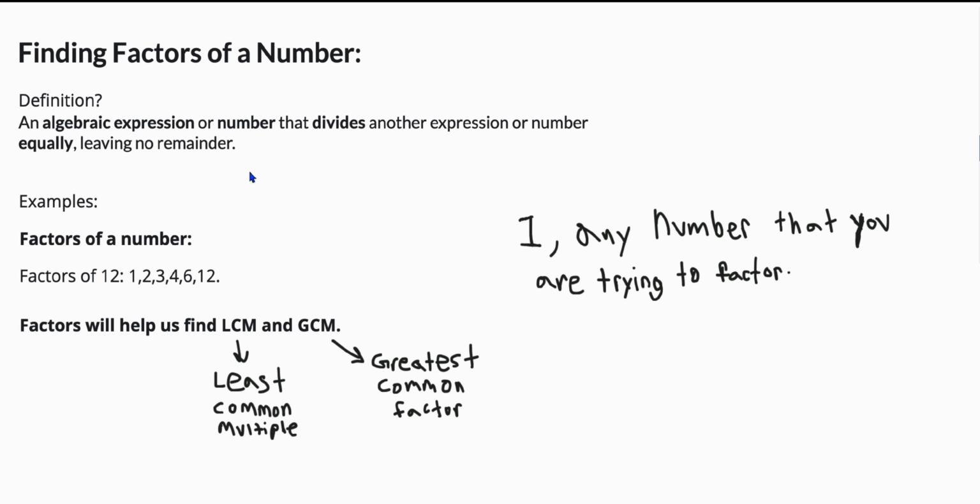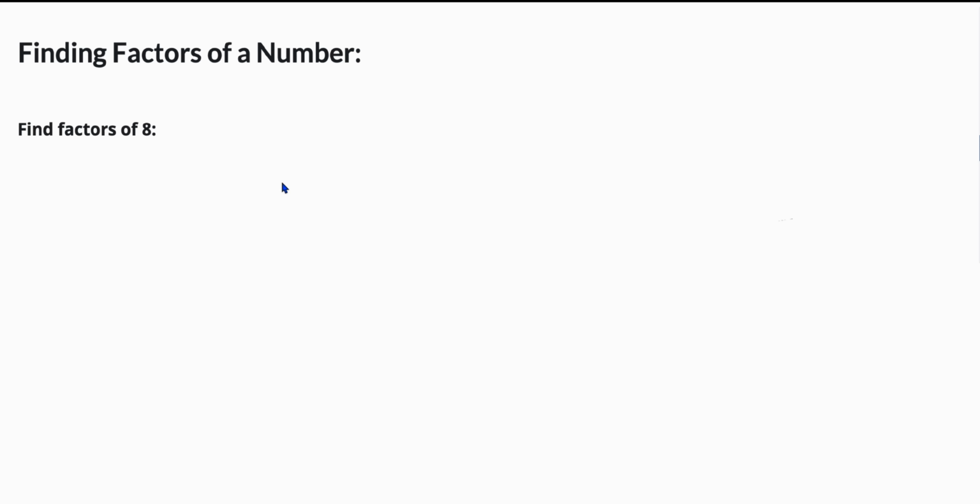Let's find some numbers to factor. The first one, we're going to find the factors of 8. So how to do this? We already know two numbers are 1 and 8, but I'm going to put 8 at the end, so I'll start with our number 1. Now how to find the next numbers?